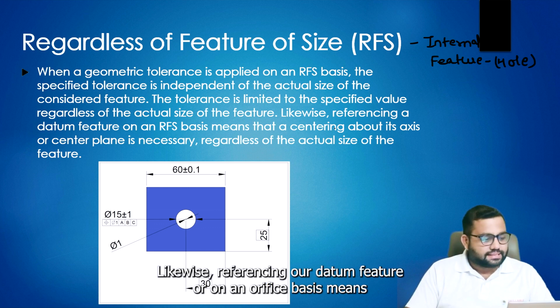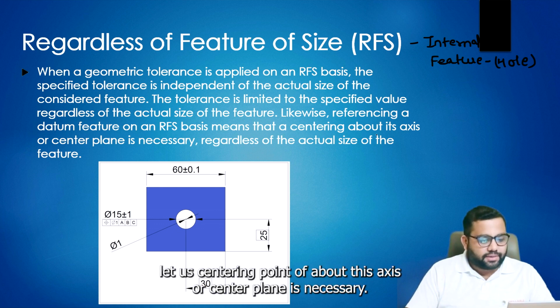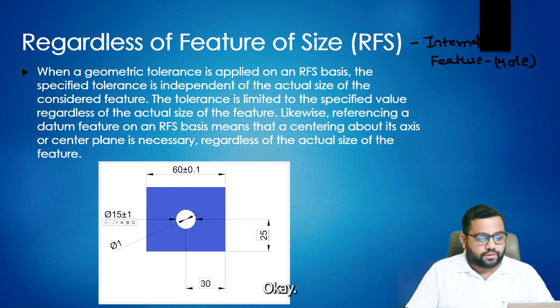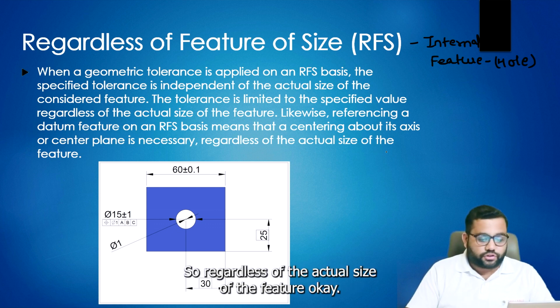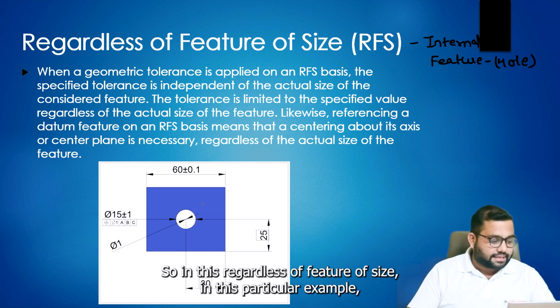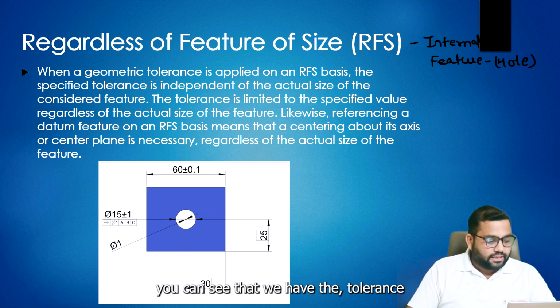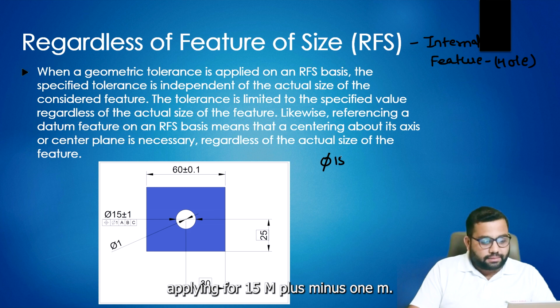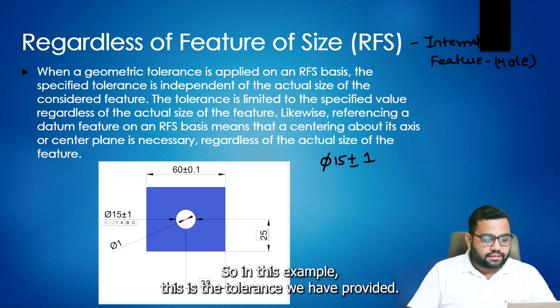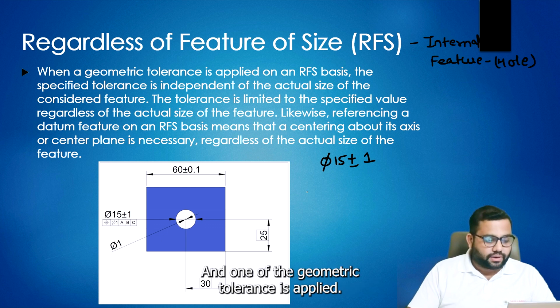Likewise, referencing a datum feature on an RFS basis means that centering about its axis or center plane is necessary, regardless of the actual size of the feature. In this particular example, you can see that the size tolerance is 15 mm plus minus 1 mm, and a 1 mm geometric tolerance is applied.